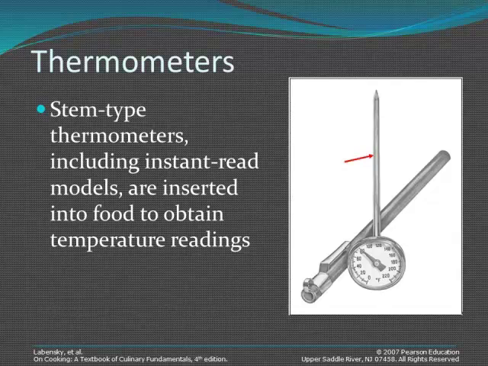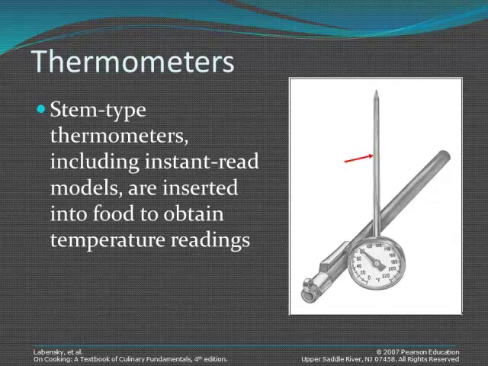So if it's 2 inches up on the stem, you need to insert that thermometer at least up to the dimple. If not, it's inaccurately reading and you can serve food that is not properly cooked or at the right temperature for safety. You'll also notice with bi-stem metallic thermometers, they top out at 220 degrees typically.